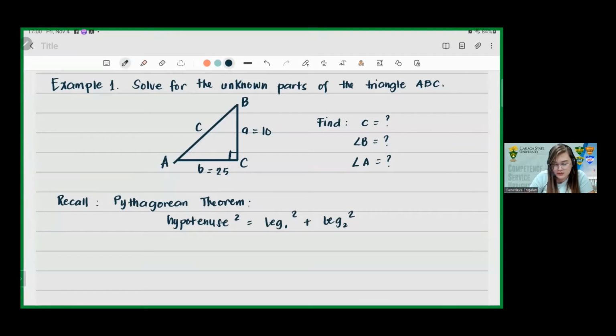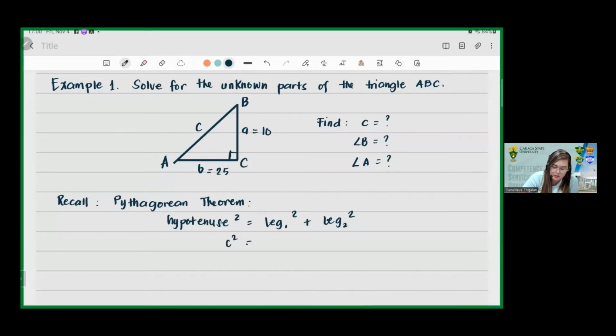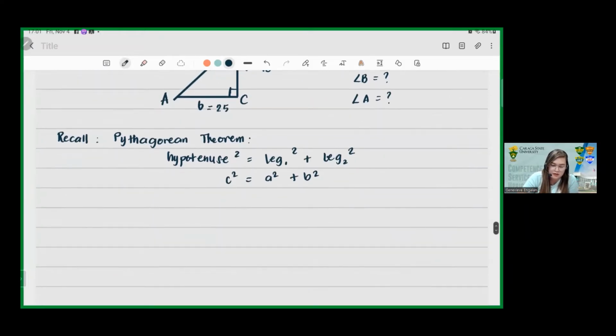So for this case, what are the legs of our triangle? You have A and B. A and B. Our hypotenuse is C. So you have C squared is equal to A squared plus B squared. C squared, given A and B, right?